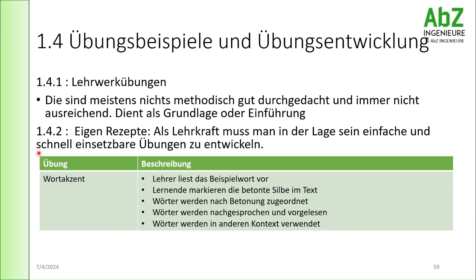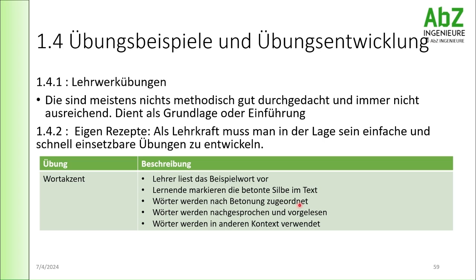So let's go with the first set of Übung. So it's basically word accent, and you have a description as to how to execute this Übung. Lehrer liest das Beispielwort vor, so the lecturer or the teacher reads the word. The learners or the students mark all the syllables which are being spoken in the text.